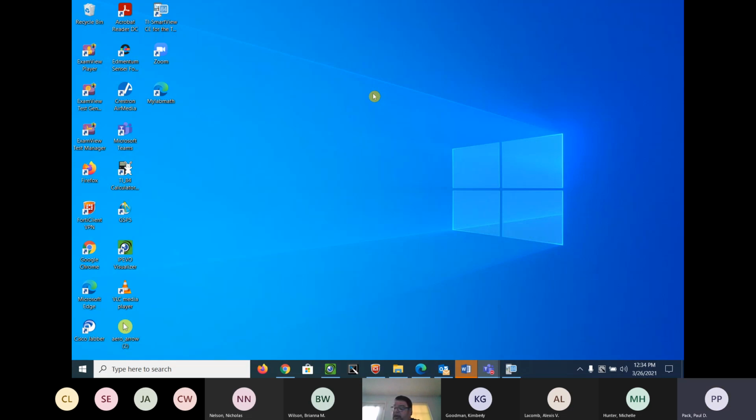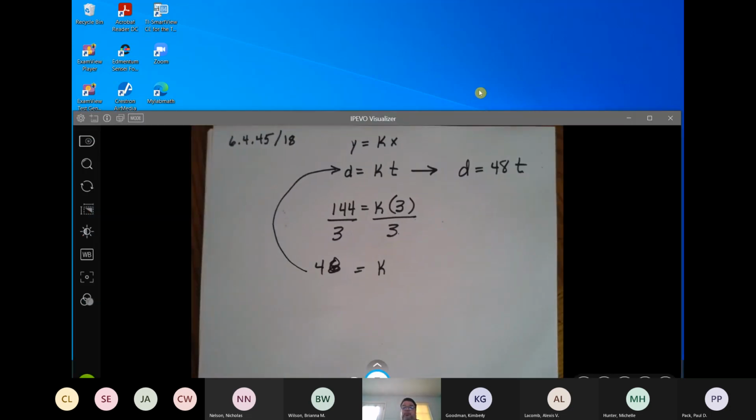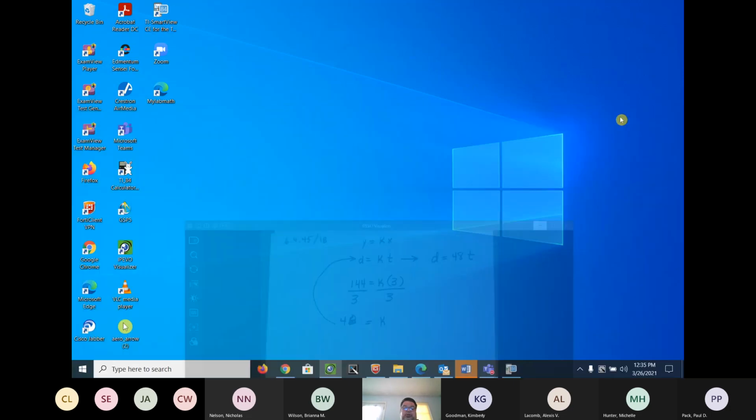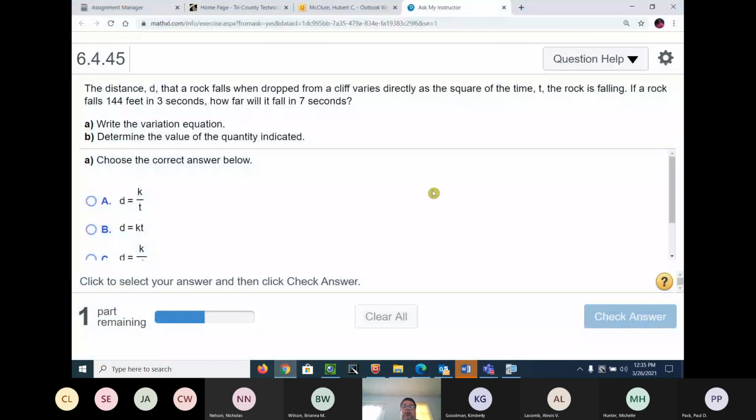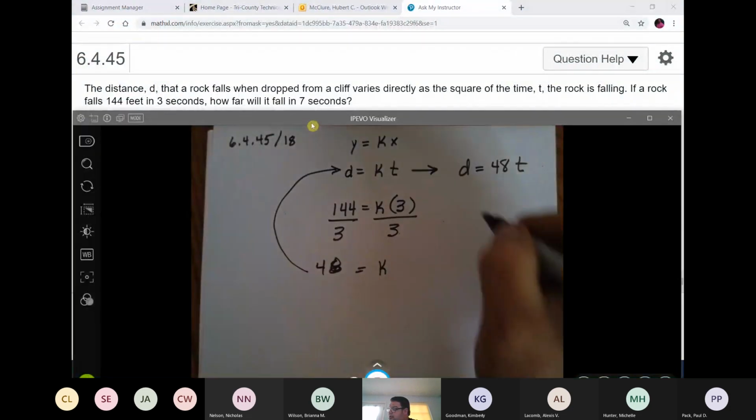D is equal to K times T. So D is equal to 48 times T. Now go back to the question. And our question is right there. How far will it fall in 7 seconds?